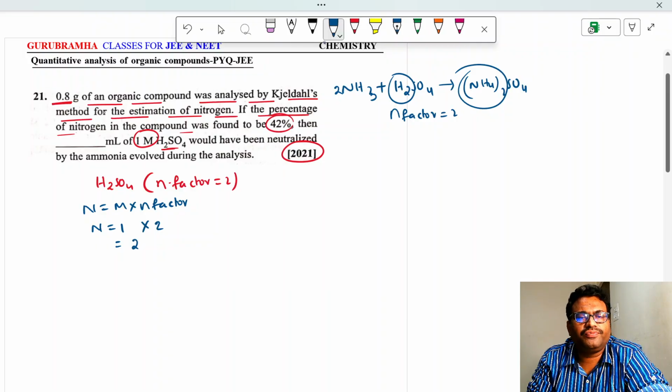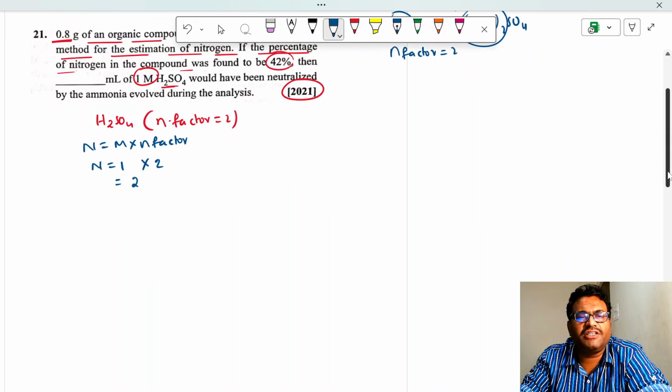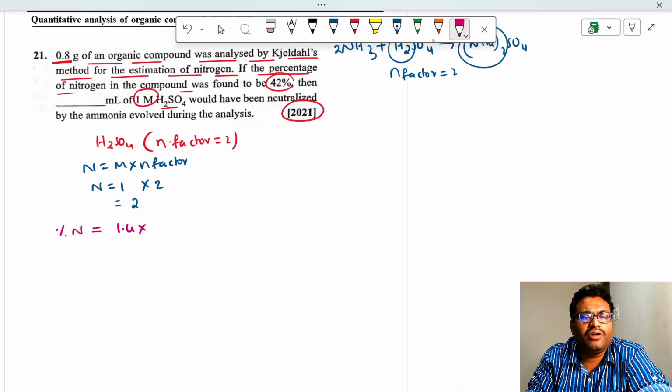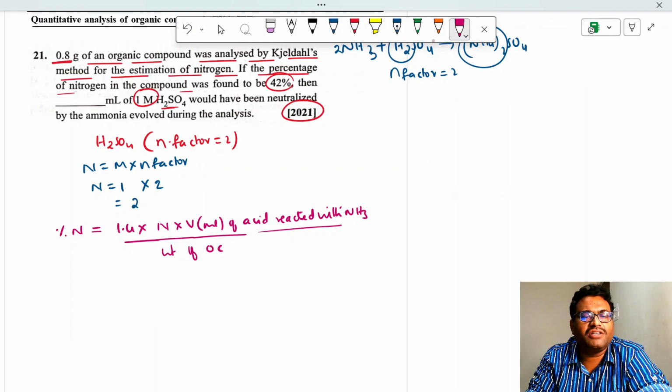Normality is 2. And we know the formula to calculate the percentage of nitrogen. The percentage of nitrogen in the organic compound is calculated by 1.4 into normality into volume of acid reacted with ammonia, divided by the mass of organic compound. So here the percentage is given as 42. 42 is equal to 1.4 into normality 2, into volume, divided by the weight of organic compound, which is 0.8.